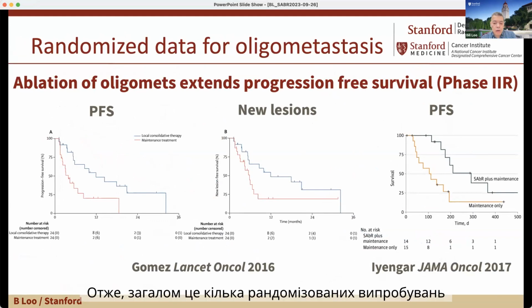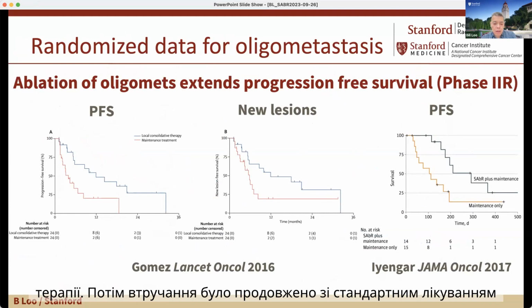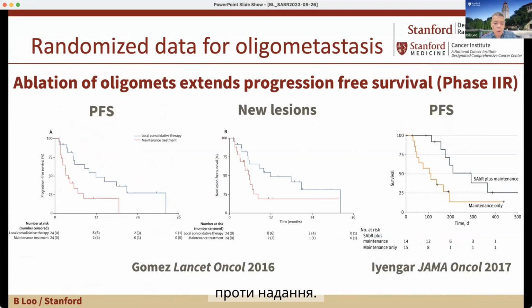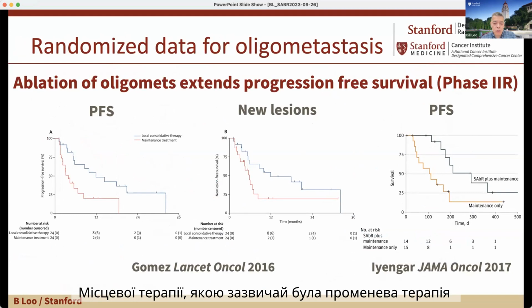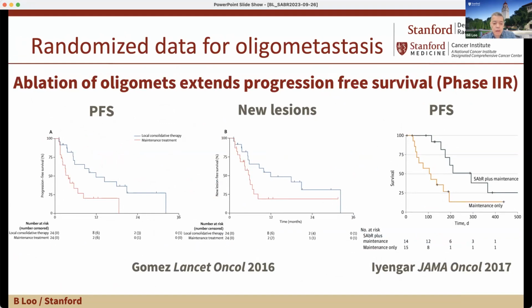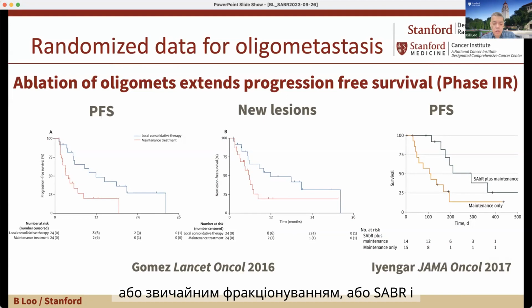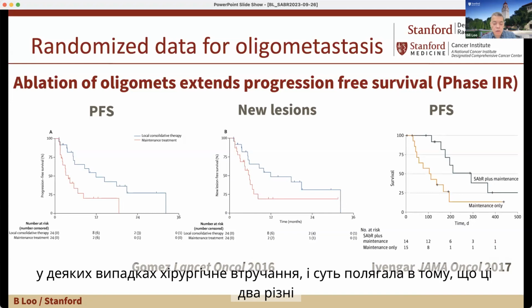So these are a couple of randomized trials in oligometastatic lung cancer who started with systemic therapy, and then the intervention was continue with standard of care versus giving local consolidative therapy, which usually was radiation therapy in either conventionally fractionated or SABR, and in some cases surgery.